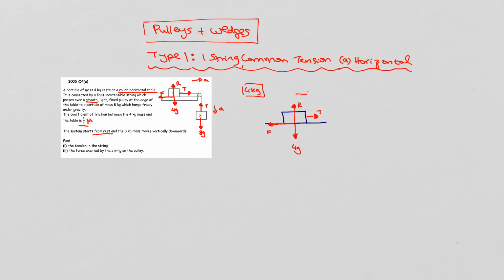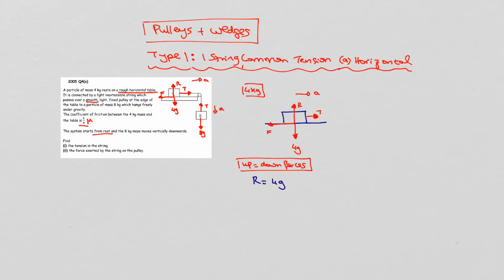And we know it's going to accelerate to the right, which is going to allow us to see what our leading force is then. So first of all, we have our up forces must equal our down forces, because this block is not lifting up. And therefore that means that R must equal 4g.